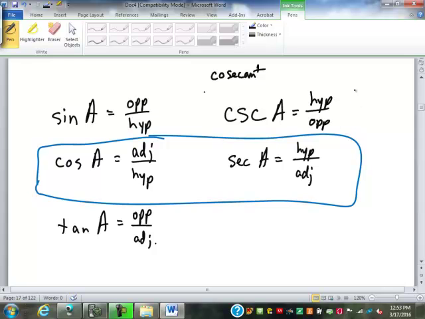Why would I write that next to the sine? Because it's the reciprocal of the sine. Sine is opposite over hypotenuse. Cosecant is hypotenuse over opposite. And of course the next one is cotangent. That's going to be the adjacent side over the opposite side. Again, you see that next to tangent. Tangent's opposite over adjacent. Cotangent's adjacent over opposite. They're reciprocals again.